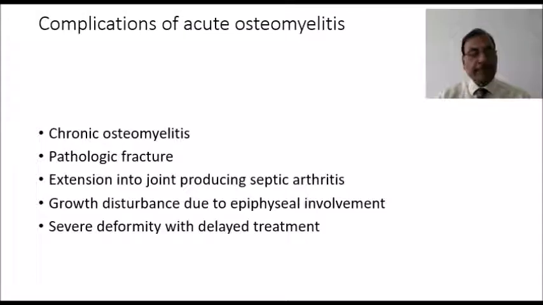And sometimes, because of the metaphyseal location, if the epiphysis is involved or destroyed, there will be shortening of that limb. Or if part of the epiphysis is destroyed, then one side will keep on growing and the other side where it is destroyed won't grow, so the limb will be deformed.